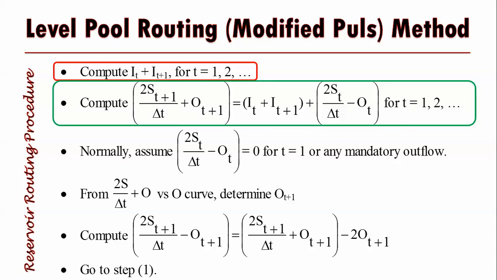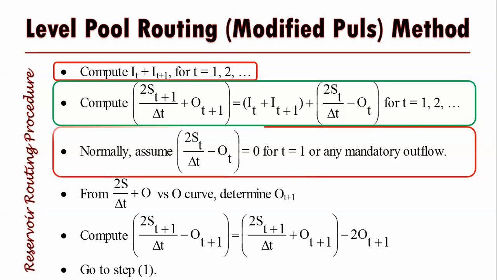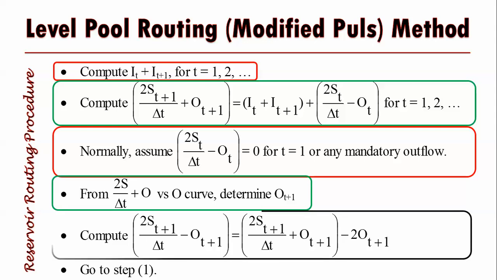Normally when you start the analysis at time t equal to 0 or t equal to 1, we assume this value will be equal to 0, and then after that the calculation can be done by using curves or by using iterations, but the main computational point is this equation. Once you're done at one point, you have to go back to the first step again.